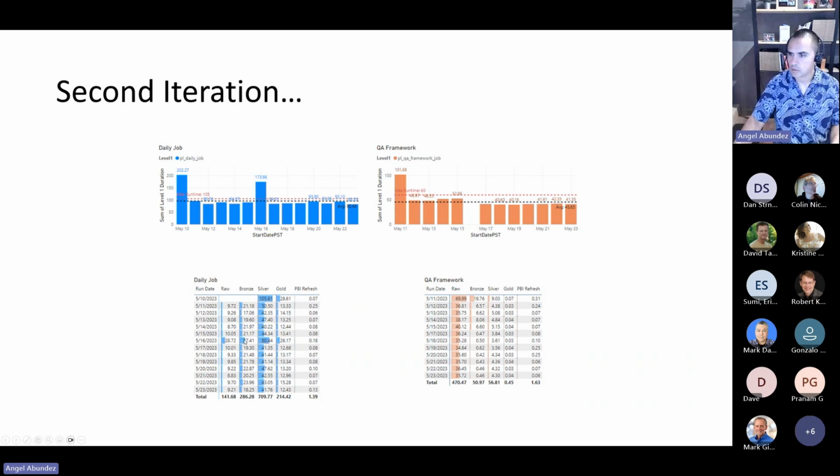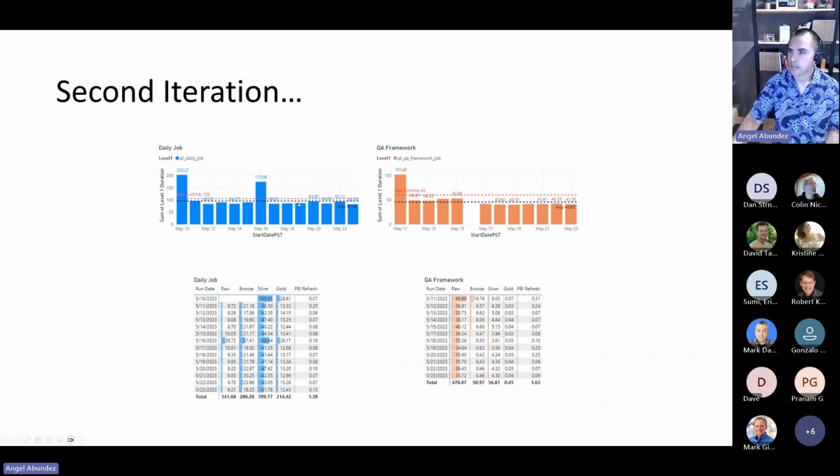Yes, it's attributed a little bit to bronze, a little bit to raw, but silver is the culprit. There was something really wrong on silver on this day. What was it? Now I can go back into the ADF monitor, look at that job, and try to figure out what happened. Big improvement over the monitor, where I'm just looking at hundreds, if not thousands, of rows of pipeline runs and have no idea what's what.